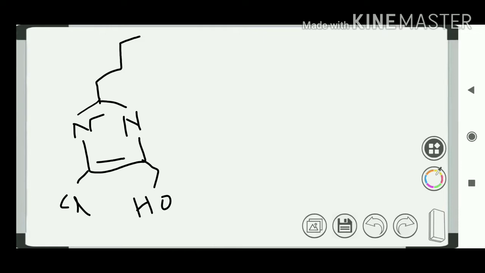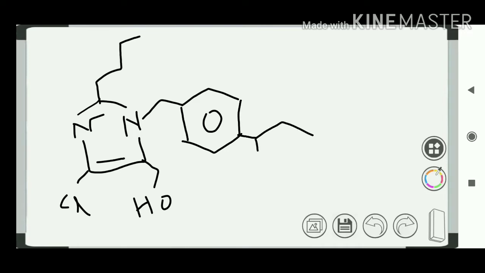So we are drawing the structure of Losartan. Here we have the imidazole nucleus with the chlorine and methanol followed by the butyl chain. To one of the nitrogens, we have the methyl bridge that attaches to the biphenyl system. So we are going to see the attachment of biphenyl, where the tetrazole molecule is going to bind.